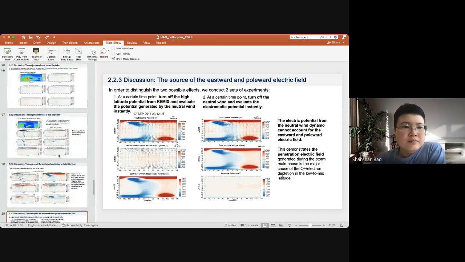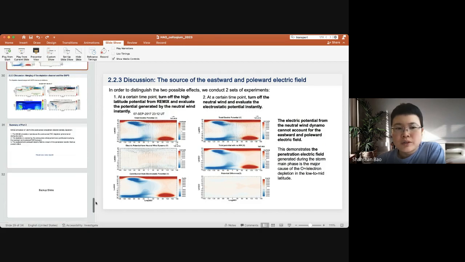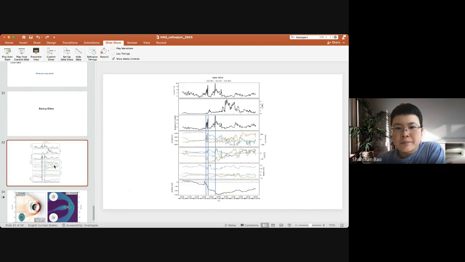I used to have a diagnostic plot, but it's not listed here. Basically I take the high latitude REMIX input from the TIEGCM potential output, so you can see a portion of it generated during some time point of the storm. I mark the region where I see that enhanced penetration electric field. It can actually be reflected from the solar wind profile.